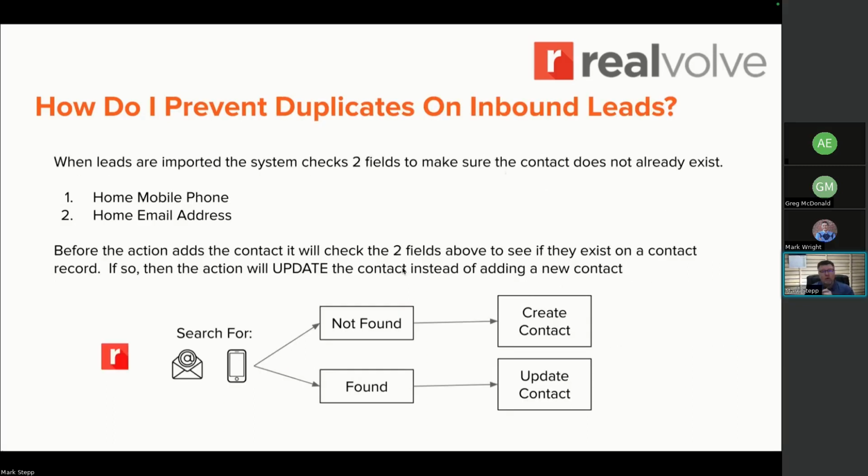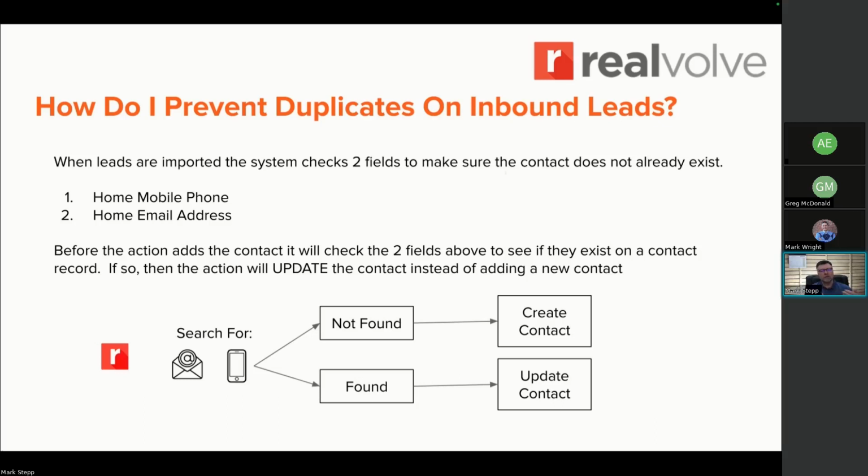One thing to know is that we do have a way to prevent, to the best of our ability, duplicates on leads that are coming in. We do that using the home mobile phone and the home email address. Those are two fairly unique types of fields.